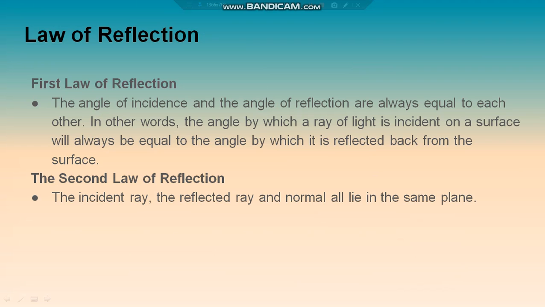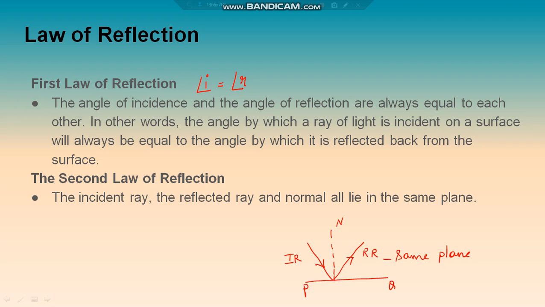And the second law states that if this is your surface, the incident ray, the reflected ray, and the normal all lie in the same plane. This is the incident ray, this is the reflected ray, and this is the normal.